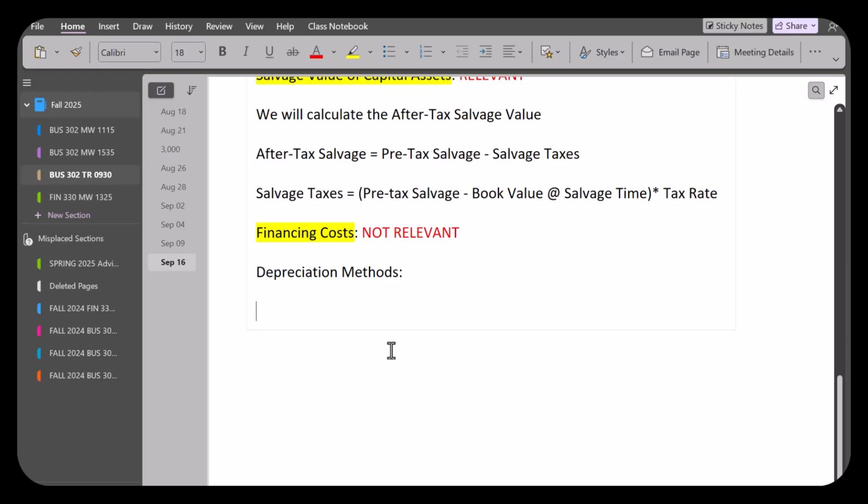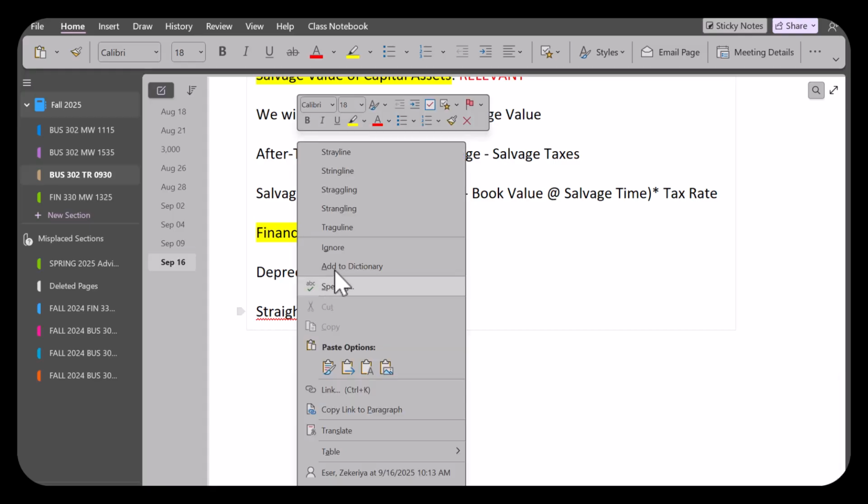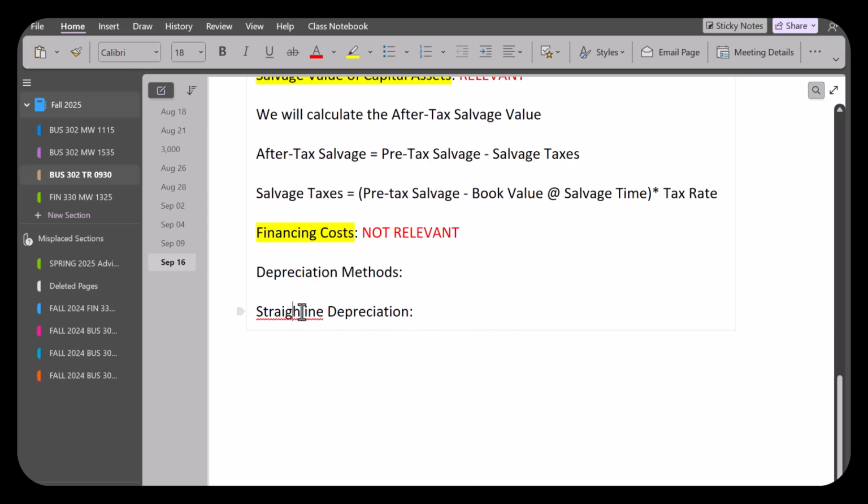One of them is called straight line, as the name suggests.